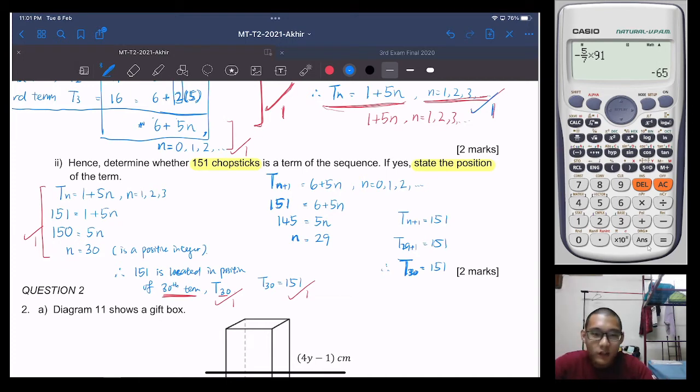So conclusion, we still receive the answer, but this one you need to take care. If you are able to find the solution not only from here but also from here, you receive 1 mark. 30 correct, 1 mark.